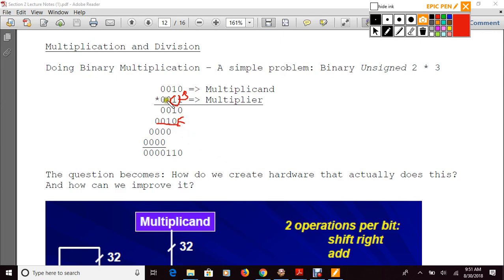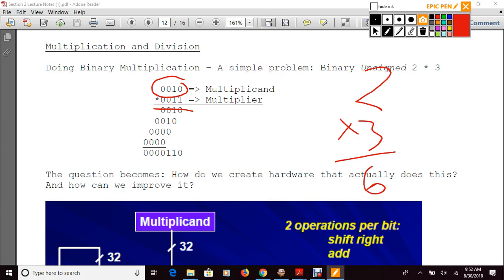So basically we're bit shifting and then adding. If you think of it this way, it's 2, right? If I'm multiplying this by 3, then 2 times 3 comes out to 6. So what's physically happening here is 2 times 1 is 2.